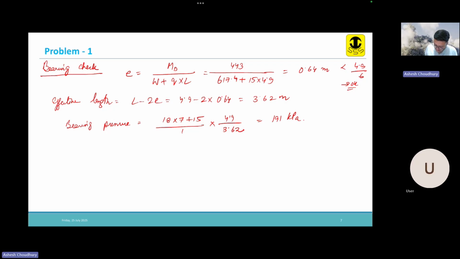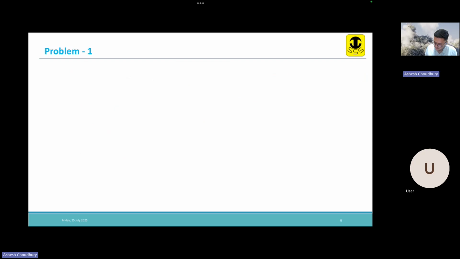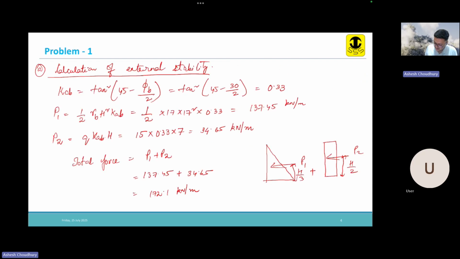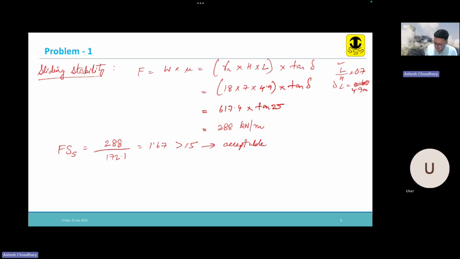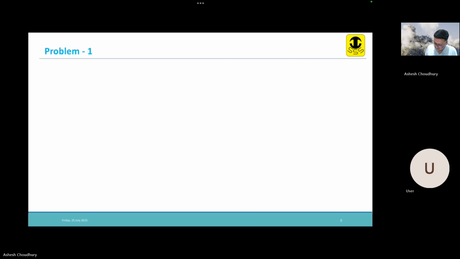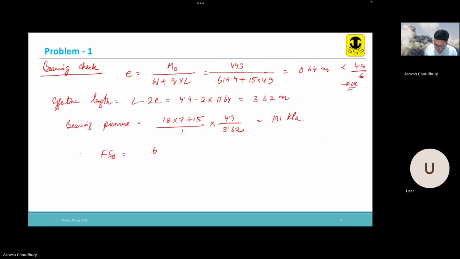Okay, so the factor of safety for bearing capacity is already given in the question, 600 kilonewton per meter square. So one, four, one, two.